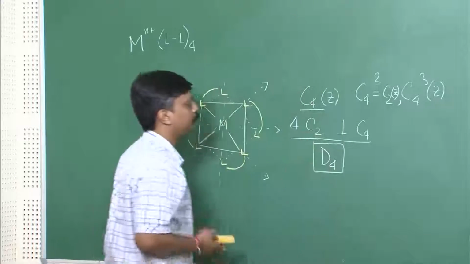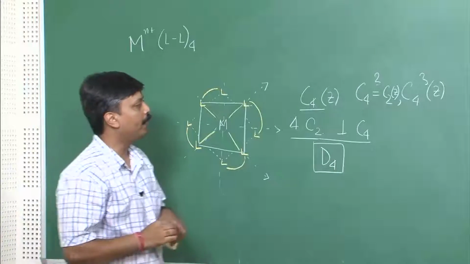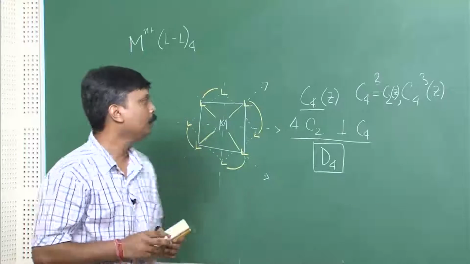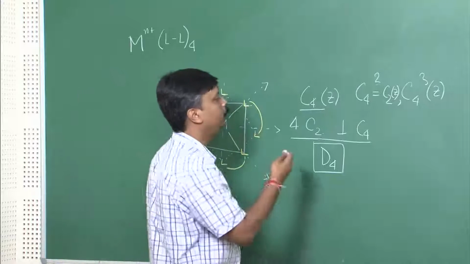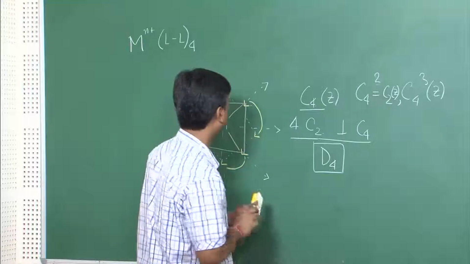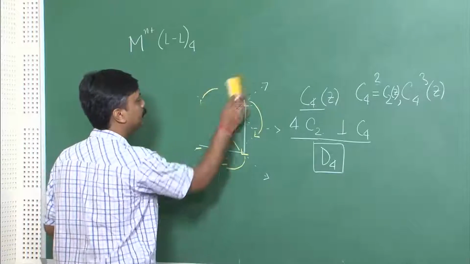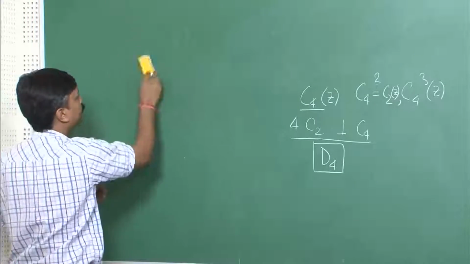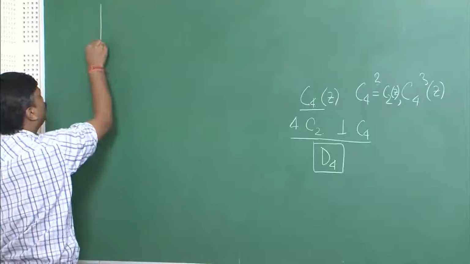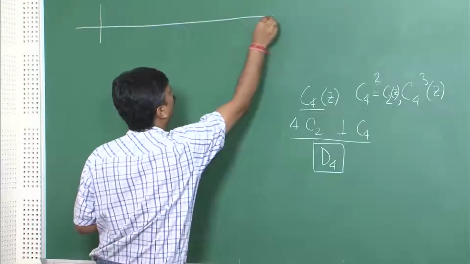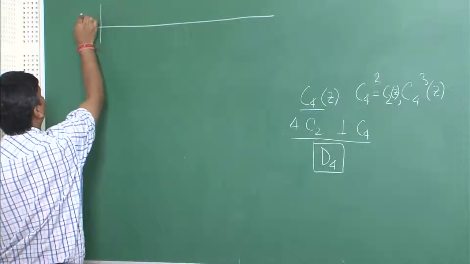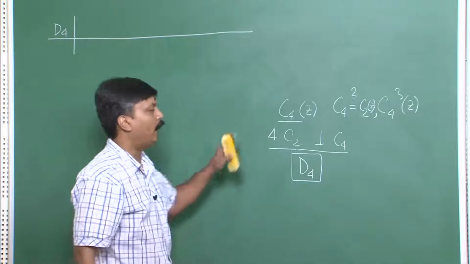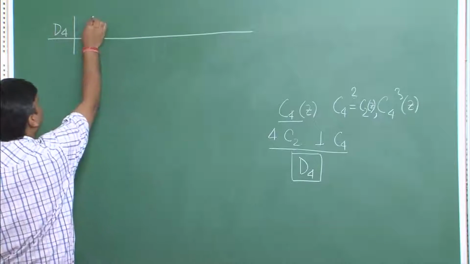In order to find the character table, first we have to find out the classes, right? So what are the classes that are present here? Let's have a look at that first. Identity will form a class by itself.